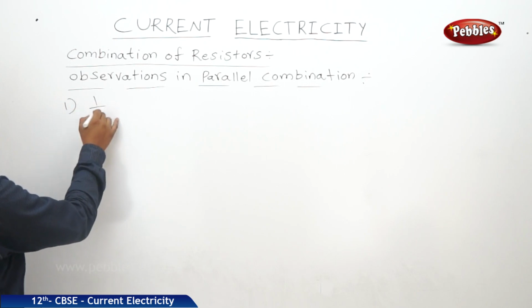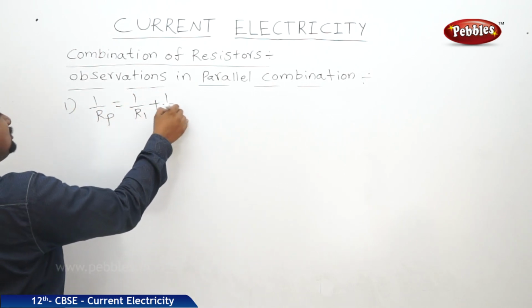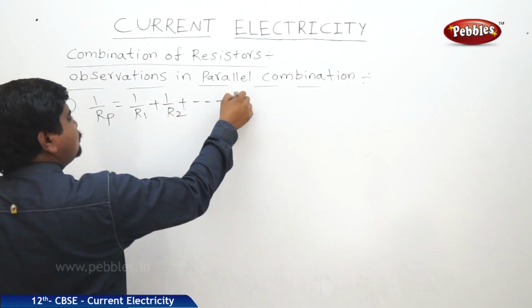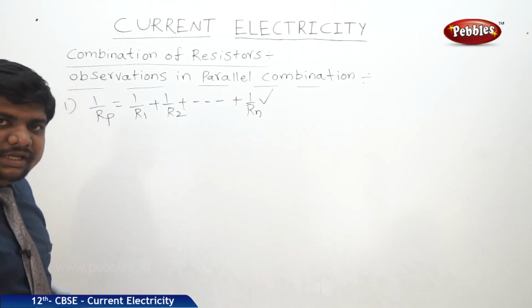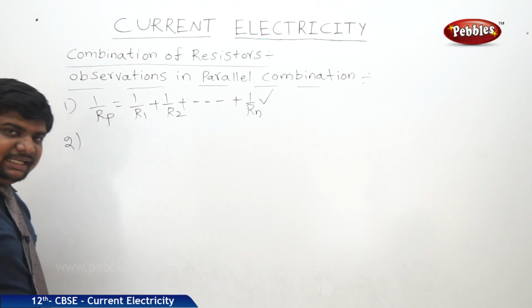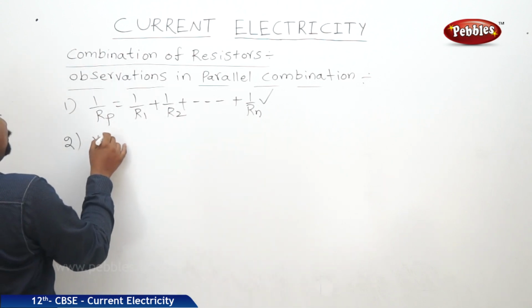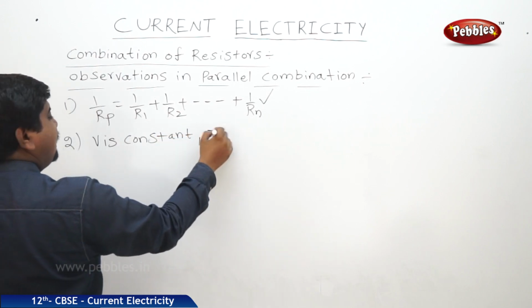First observation is 1 by Rp is equal to 1 by R1 plus 1 by R2 and so on 1 by Rn. This is the equation to find out the effective resistance in parallel combination. The second observation is V is constant but I is variable.